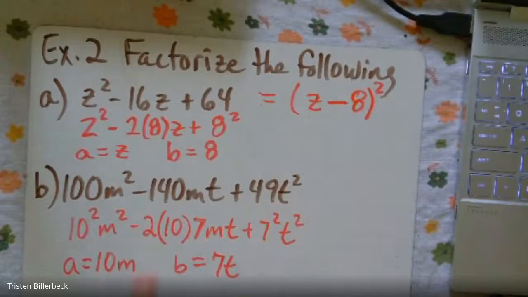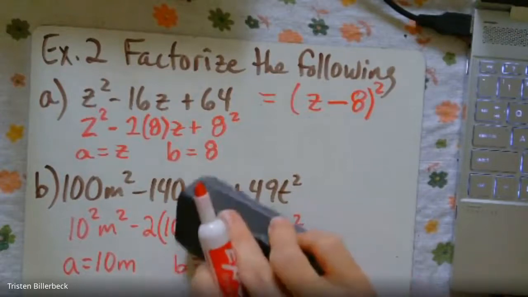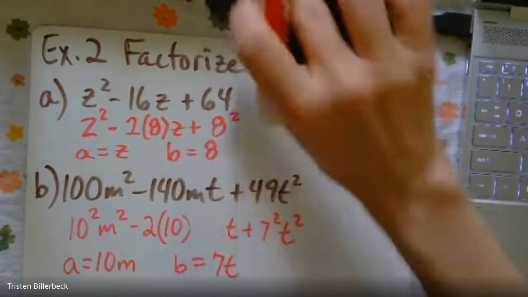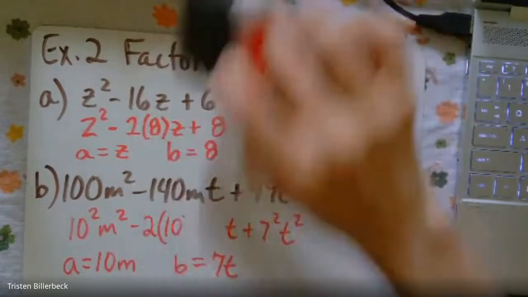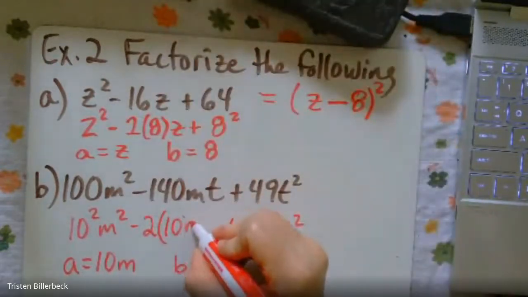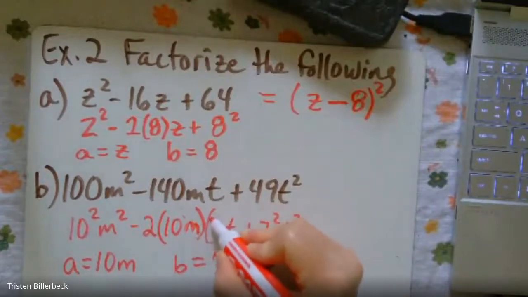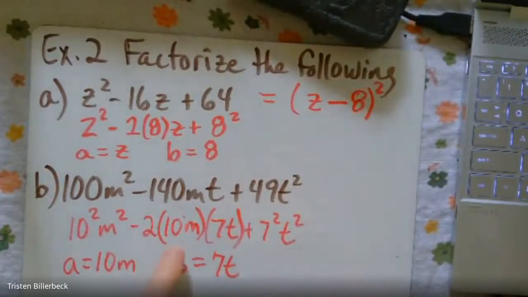Okay, so if we check this one, we have the 2 times a. Let's even put them together, so it's easier. So a is 10m times 7t. So we have a times b, and then that's b squared. So now we know how to put it together.